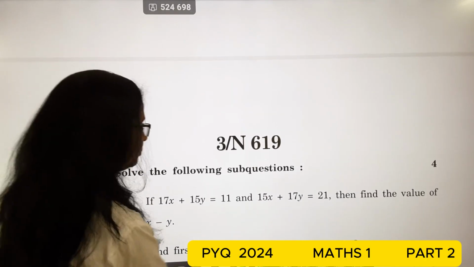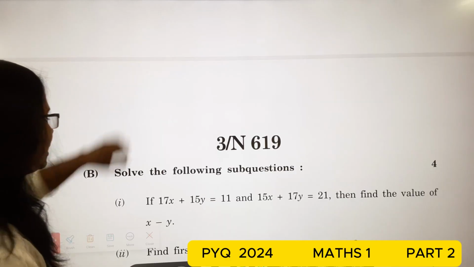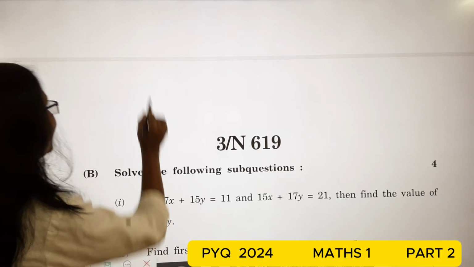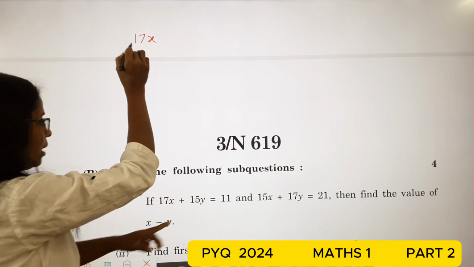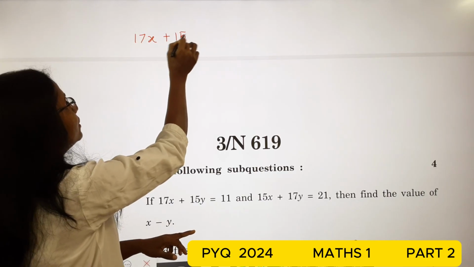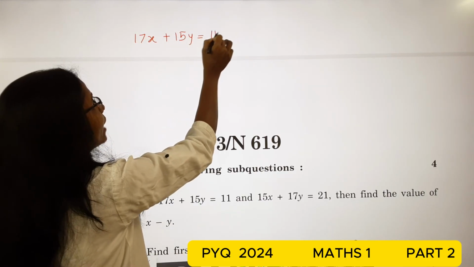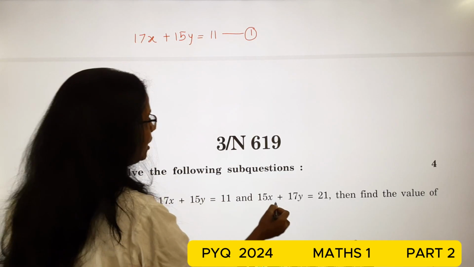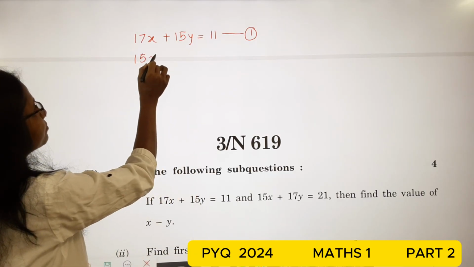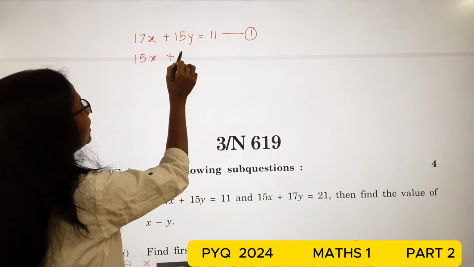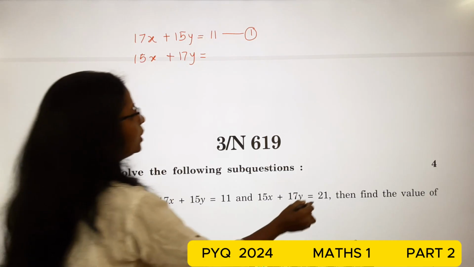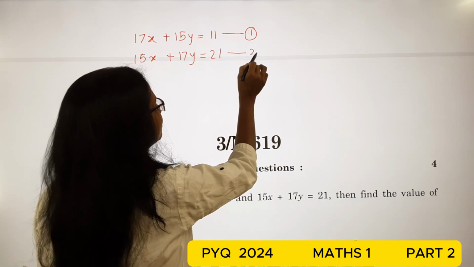So here I do this on this space. First I write 17x plus 15y is equal to 11 and call it the first equation. Then here 15x plus 17y is equal to 21 and call it the second.